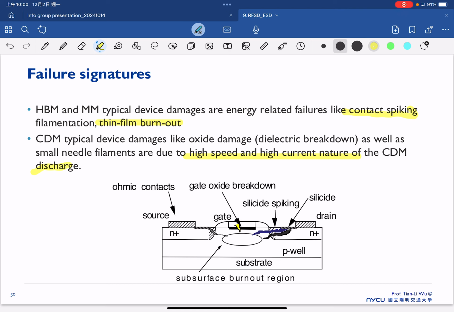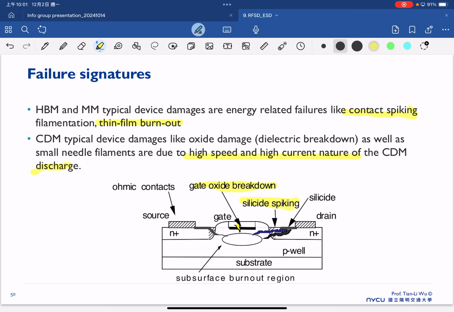So here's an example. We have a silicide spiking, we have a gate oxide breakdown here. Just a reminder that this is a very general case in a little bit older MOSFET. And for sure, the one that you are working on is a very advanced transistor. For the advanced transistor, gate oxide is always the issue, because once you move to the advanced transistor, your oxide is getting thinner and thinner.